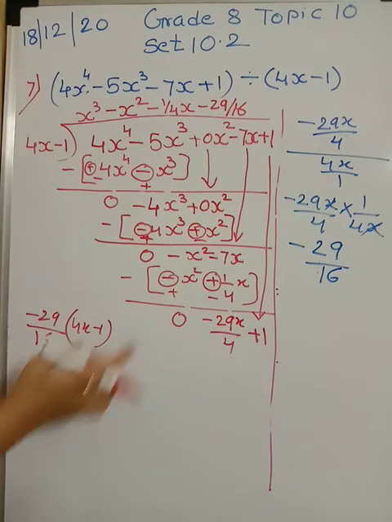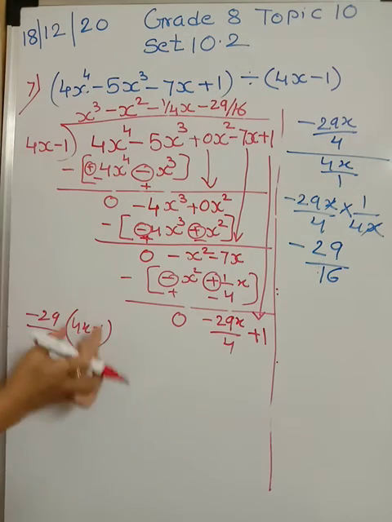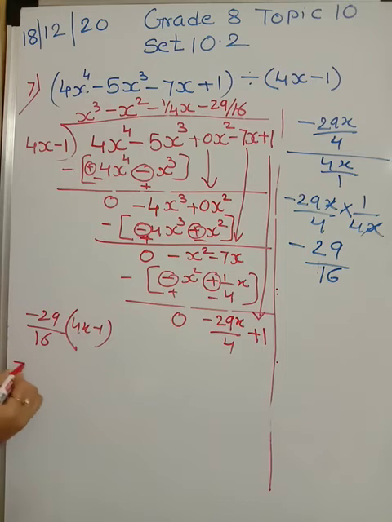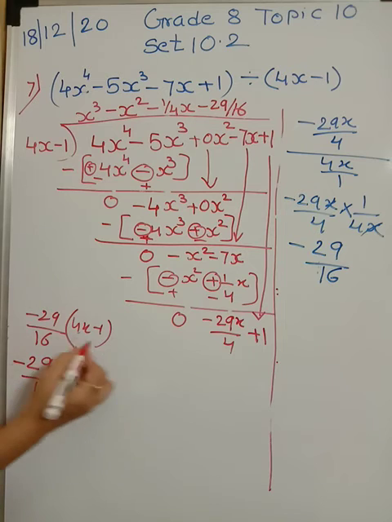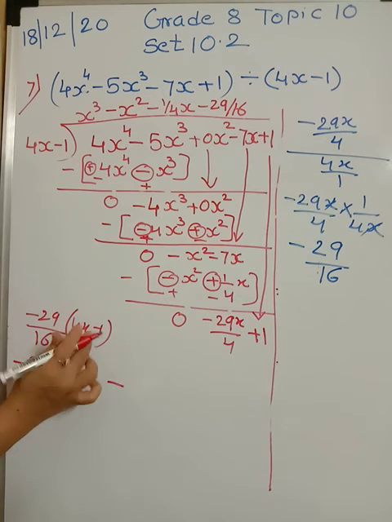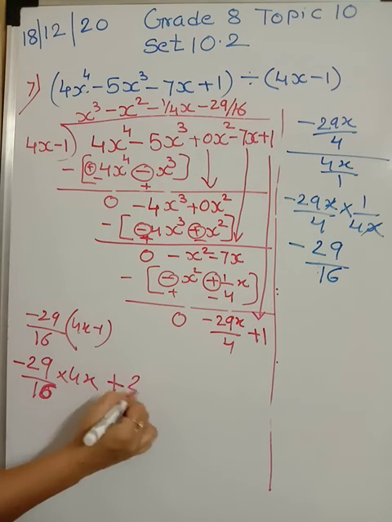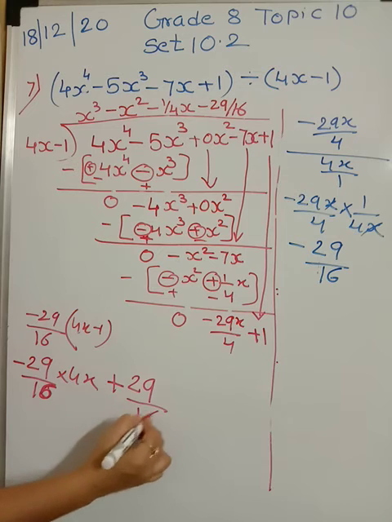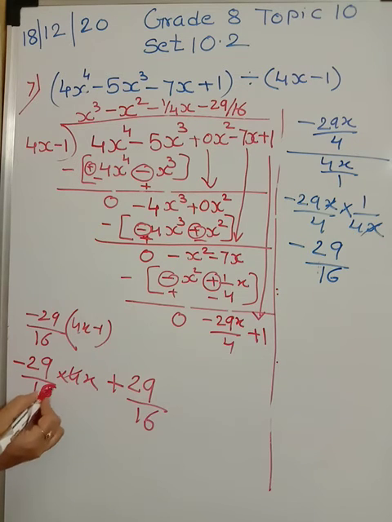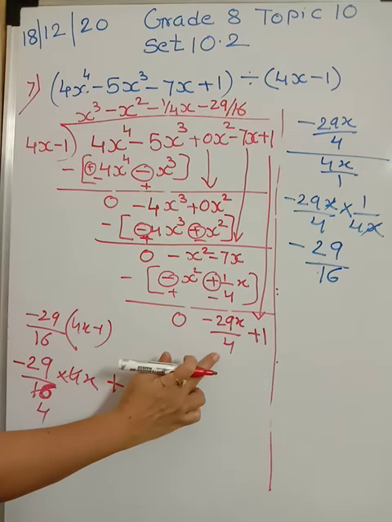Coming back again, students. With this I am multiplying this. This 2 multiplication is minus 29 upon 16 into 4x. Minus into minus is plus 29 upon 16. So you get minus 29x upon 4. Okay.